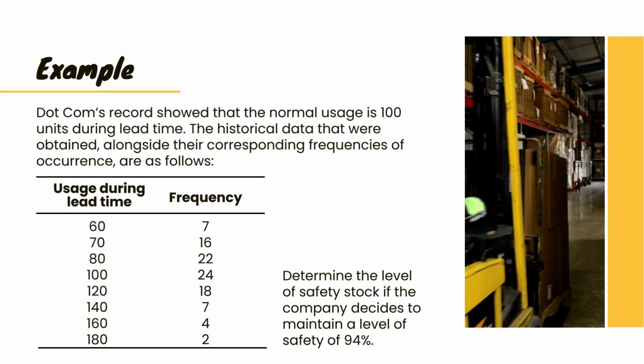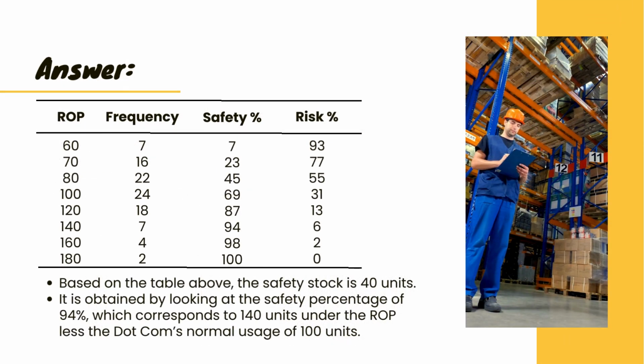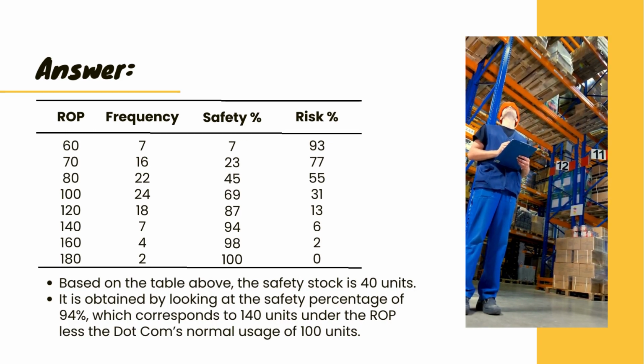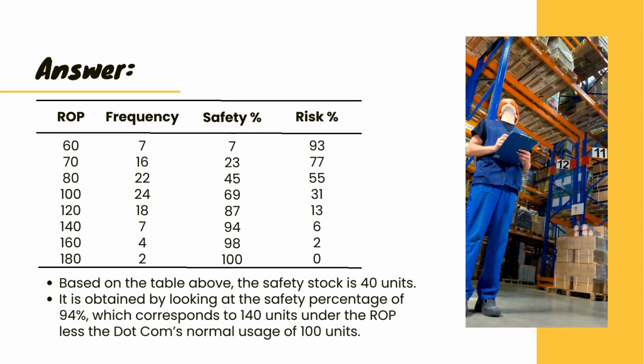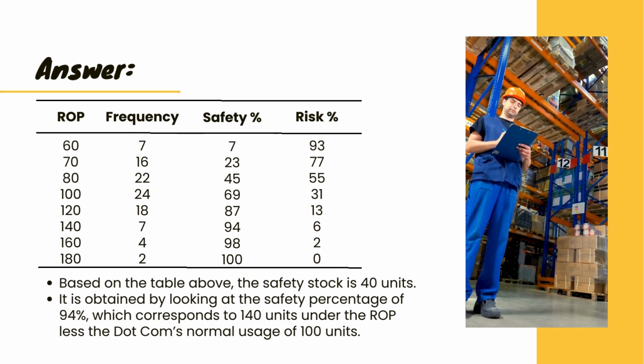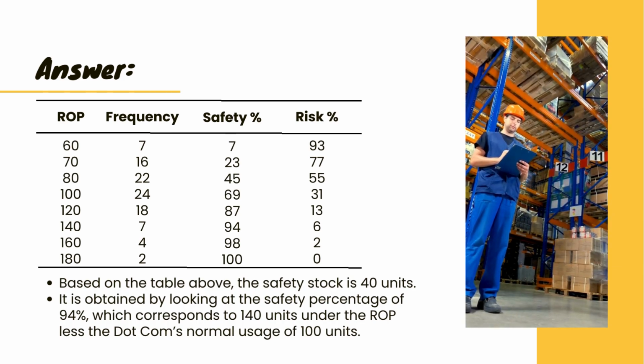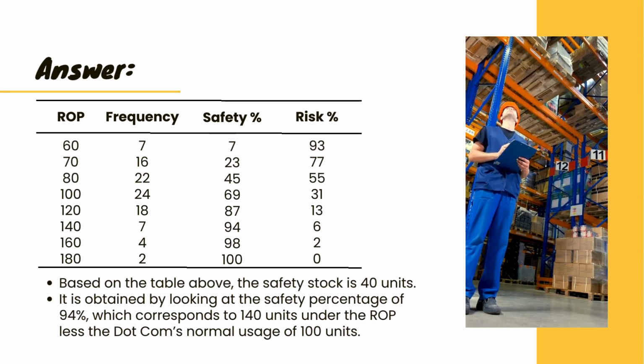of 94%. To get the answer, yung usage during lead time sa previous na table, yun na rin yung ROP natin. Tapos, yung frequency as is, tapos itong safety percent na nakikita nyo, yung 7, yun na rin yung nag-start tayo sa 7 dahil yun yung frequency na 7.